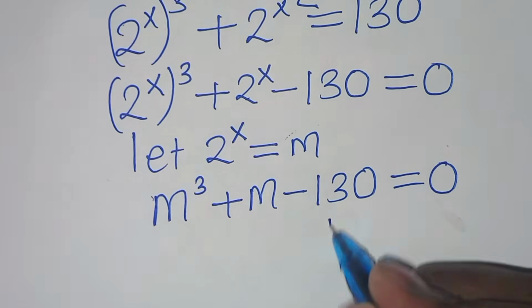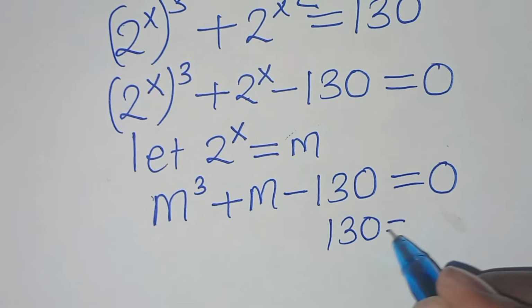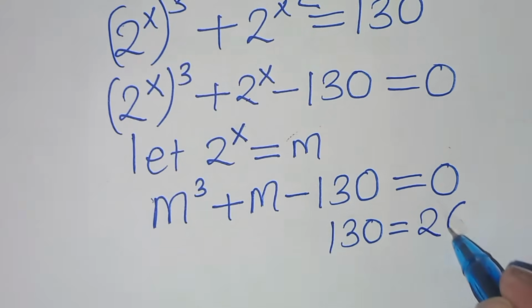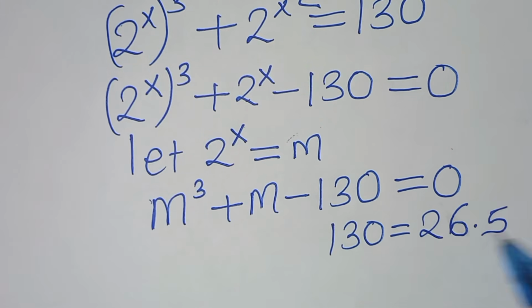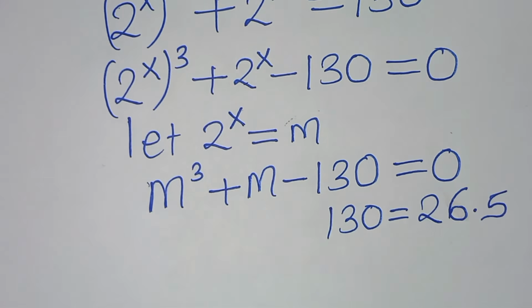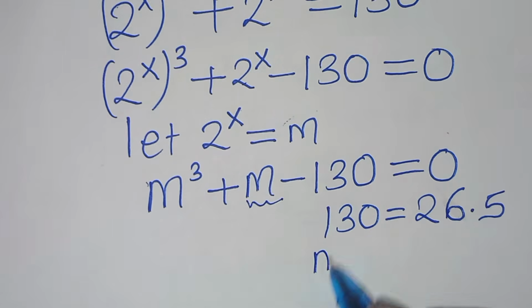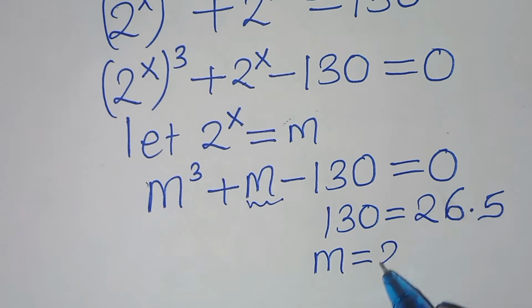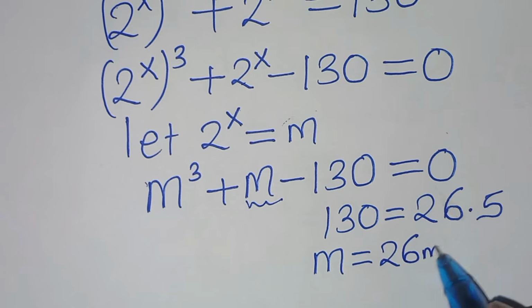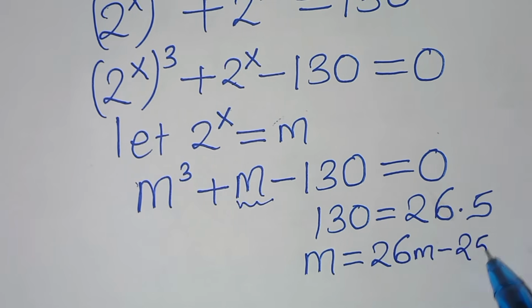We can express 130 as 26 multiplied by 5. So from what we have here, we can express m as 26m subtract 25m.